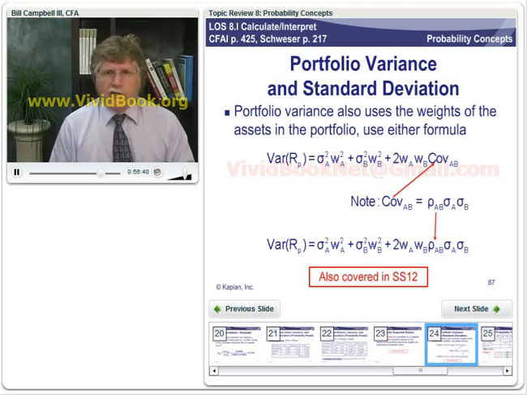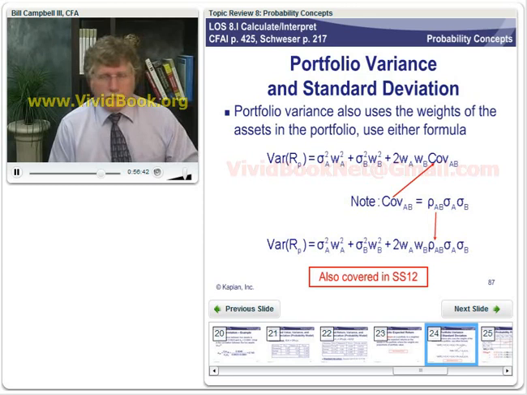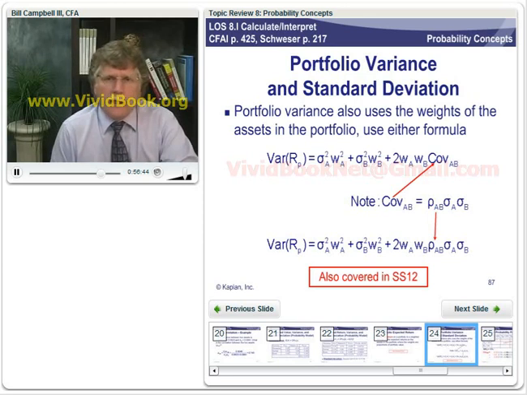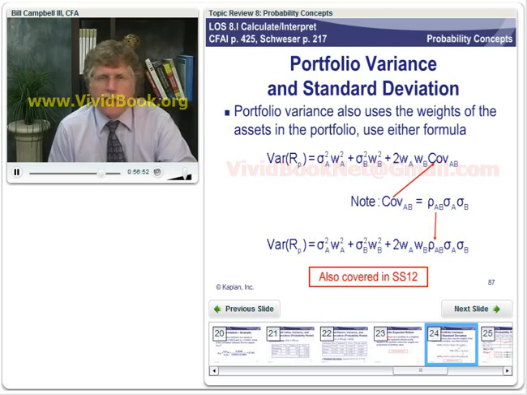The variance, kind of an ugly formula. The first term is the weight that asset A composes in our portfolio. So let's say asset A is 20% of our portfolio, asset B is 80%.